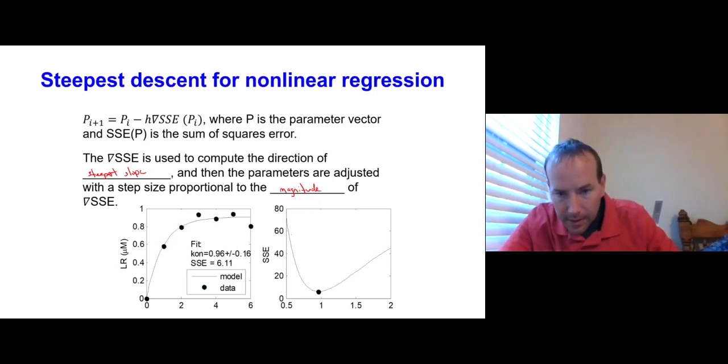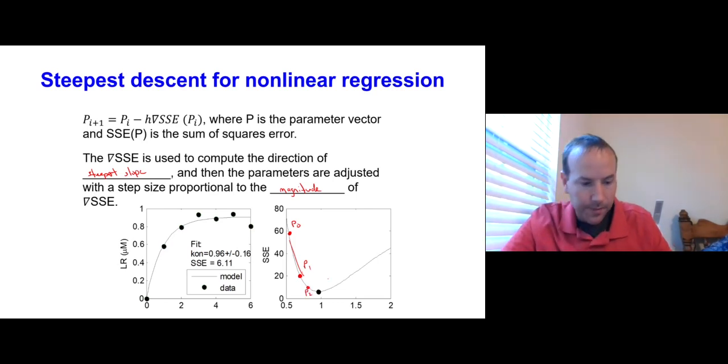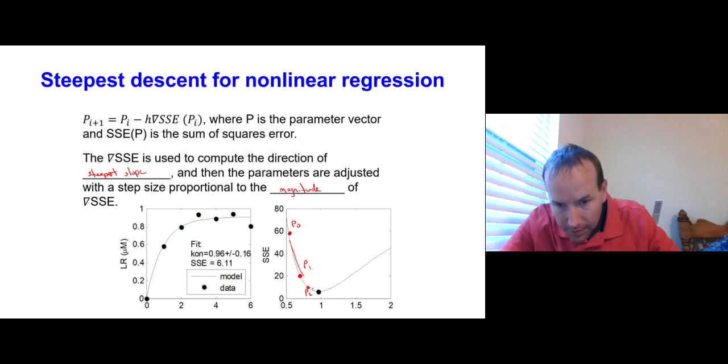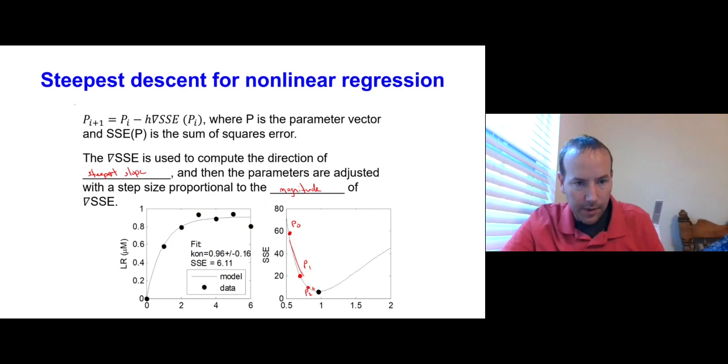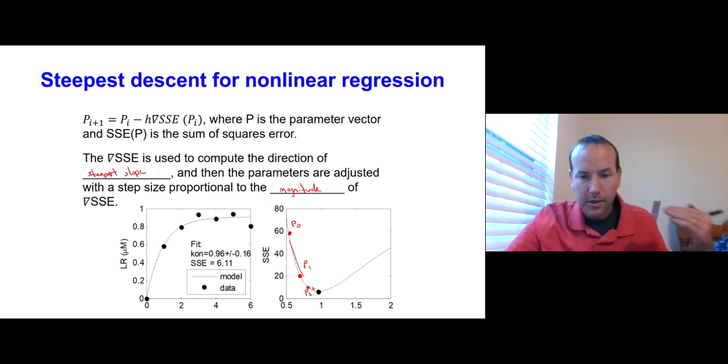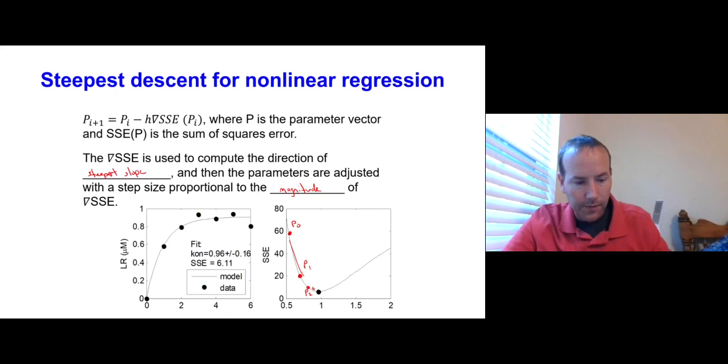Basically, if you started right here as your initial guess, it'll take a big jump because the slope is steep, to P1, take another jump to P2, and get closer and closer. One of the disadvantages of this method is that as you get closer and closer to your minimum, the slope becomes less, and so the gradient is less, and then you start slowing down how closely you converge.